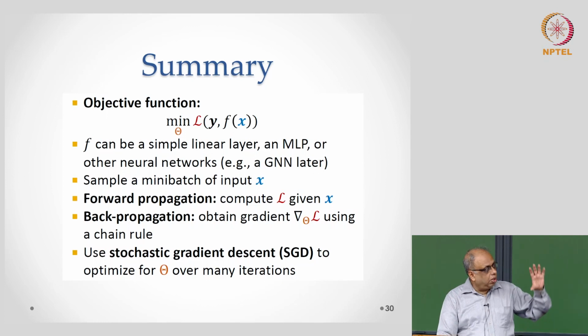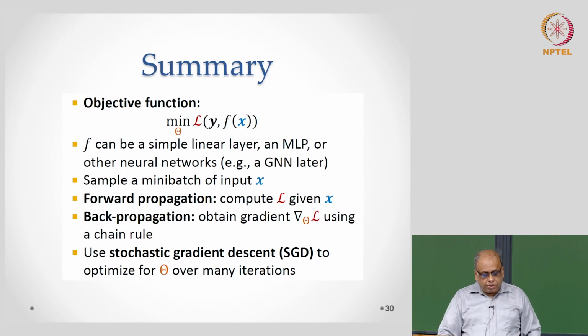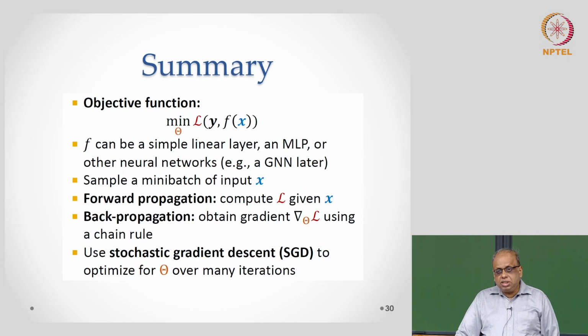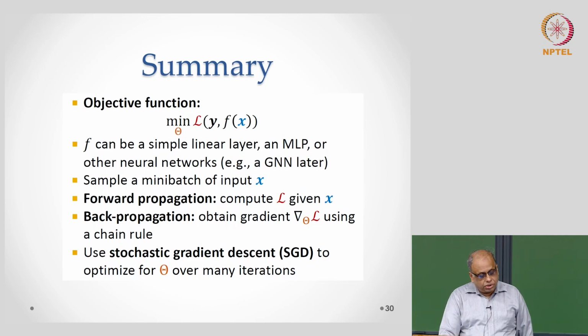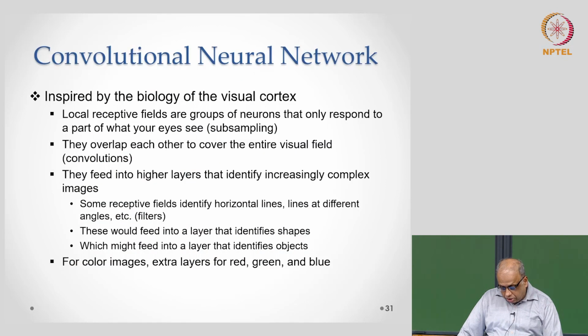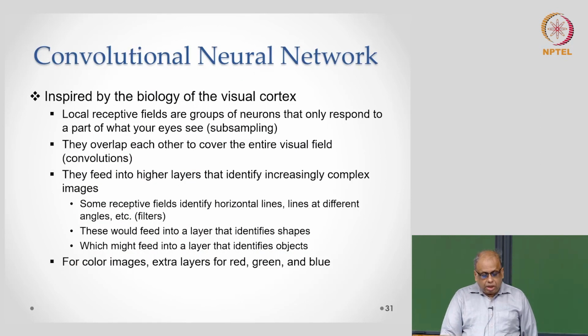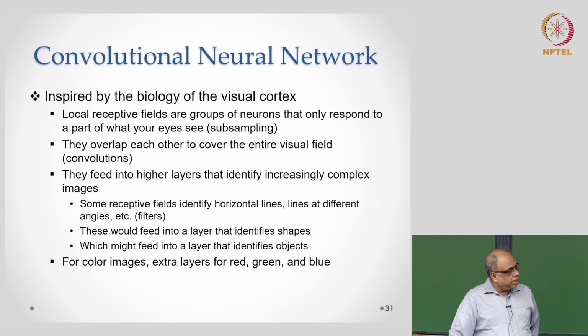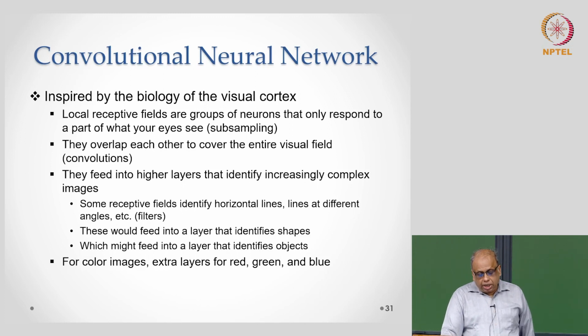But as I said, for the traditional way neural networks started, you have a column of features that you use, but in many cases that is not useful. A column of features just won't work. For example, convolutional neural networks were inspired by images.